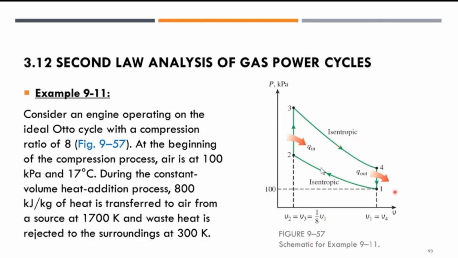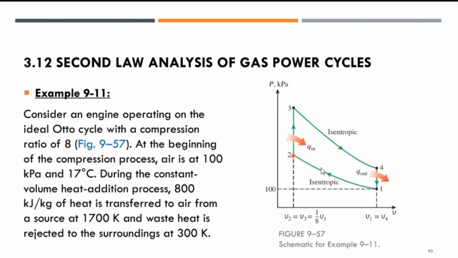At the beginning of the compression process, from 1 to 2, the volume is being reduced but the pressure is increased. We start at 100 kilopascal at a temperature of 17 degrees Celsius.